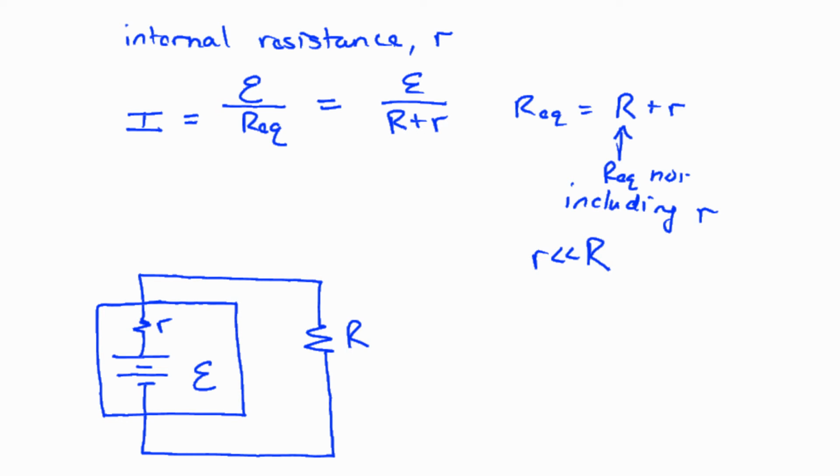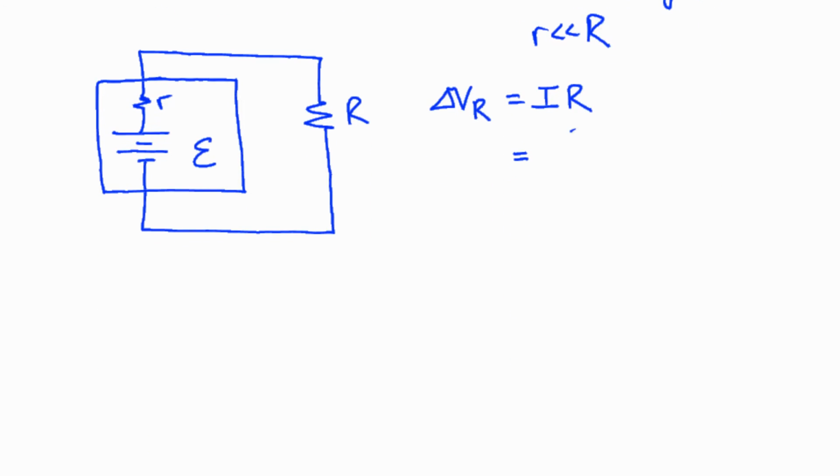So the potential difference across capital R, so the potential difference across my large resistor R, is going to be equal to the current times R. We'll plug in our value for the current that we derived just above. So that's the EMF divided by the sum of the circuit resistance plus the internal resistance. Again, this is multiplied by R.